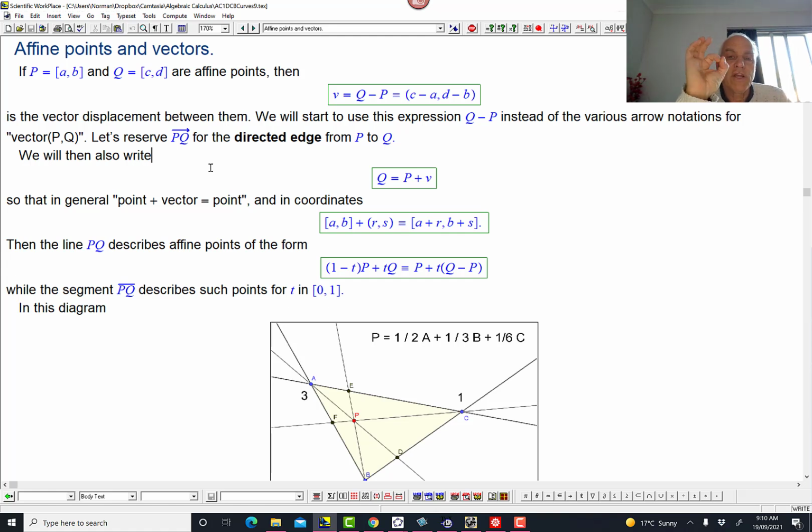What I want to suggest is that we should try to let go of all those notations and move rather to a purely arithmetical form for vectors. If we want to talk about the vector from p to q, we will use the expression q minus p to denote that vector.